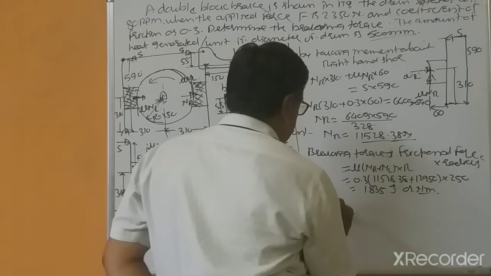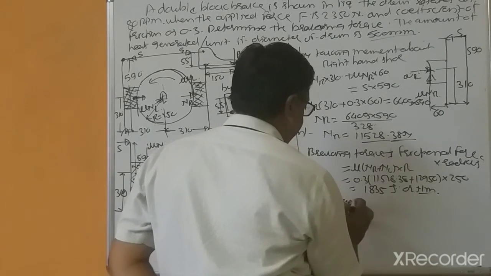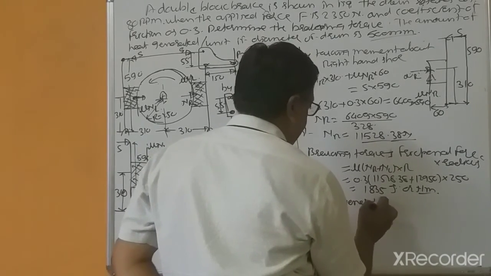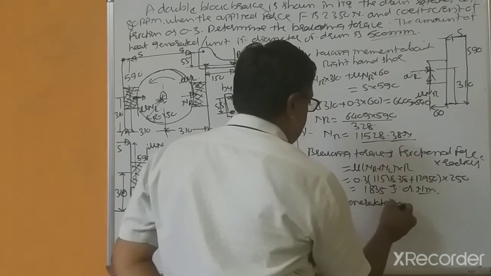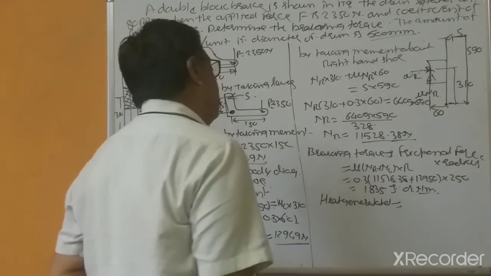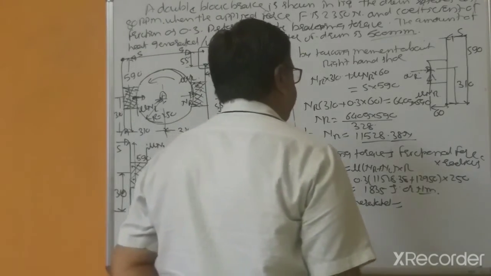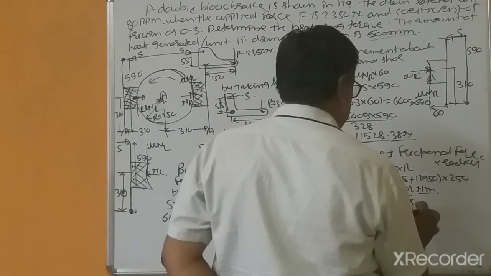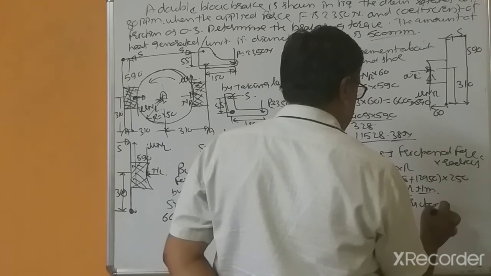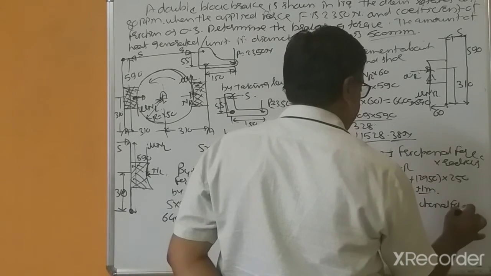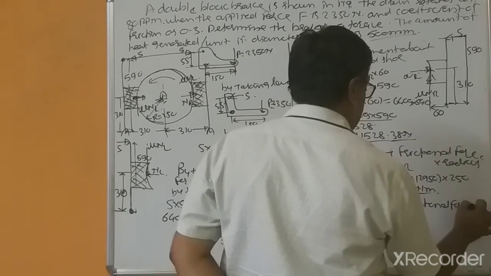Heat generated equal to, what is the formula? Frictional force multiplied by velocity.